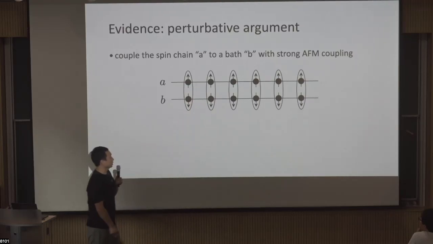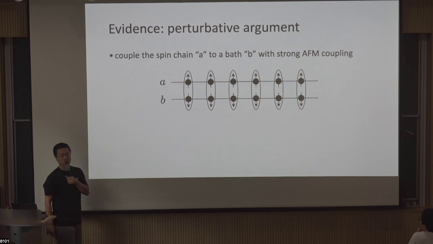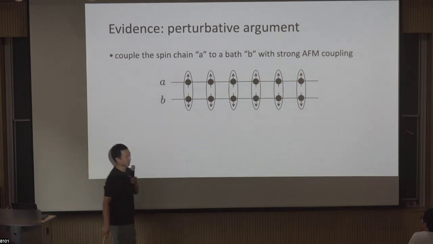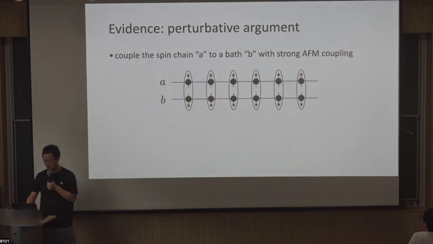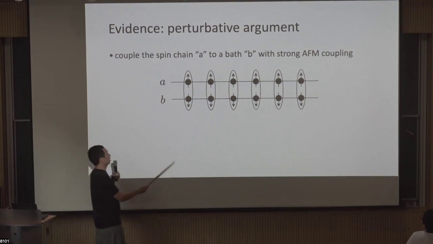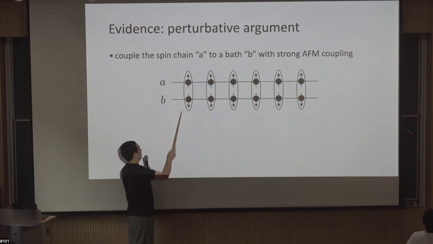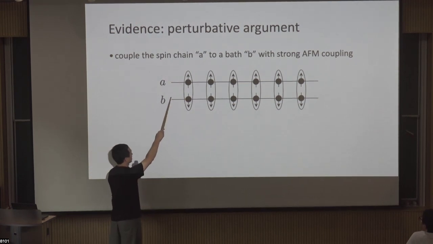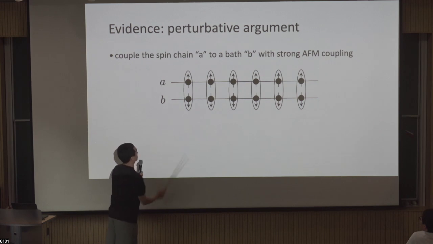But let's imagine it coupled to an environment, which happens to be another spin chain. So that's B, an identical spin chain, same Hilbert space. We first couple it with a strong antiferromagnetic coupling. So basically just J S dot S, and we favor the spin singlet. So let's put a minus sign, minus J S dot S.